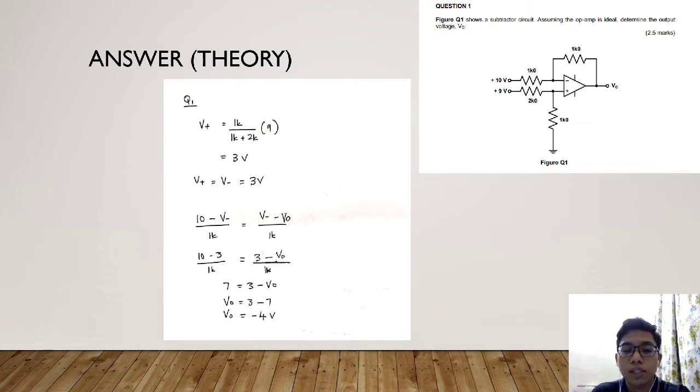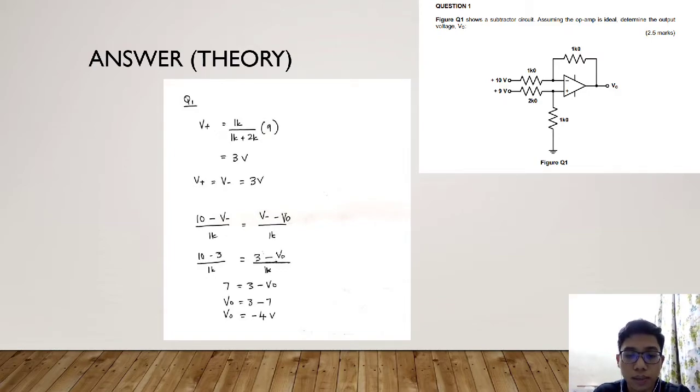Since V plus is equal to V minus, which is 3 volt, we just substitute the value of V minus into this formula. As you can see here, 10 minus V minus over 1K equals V minus minus V output over 1K, which is actually current in is equal to current out.